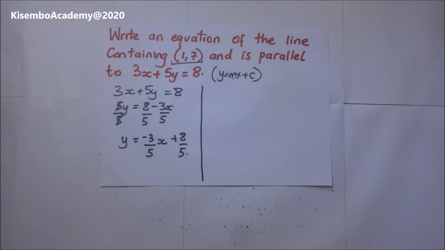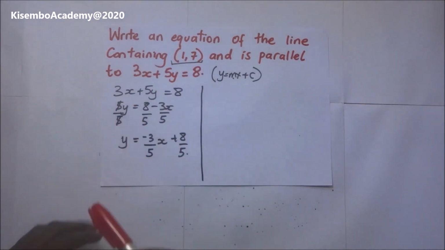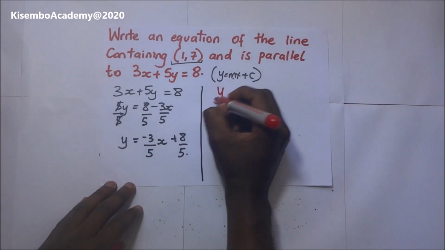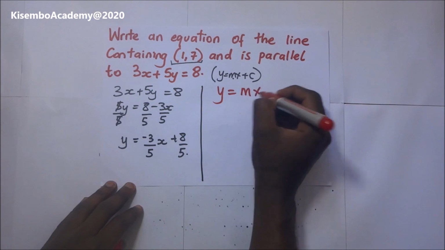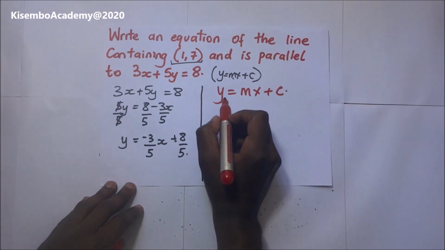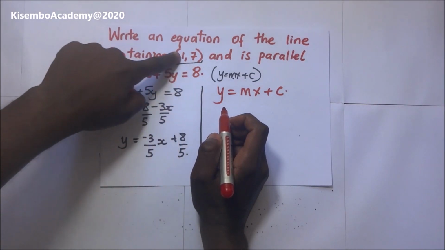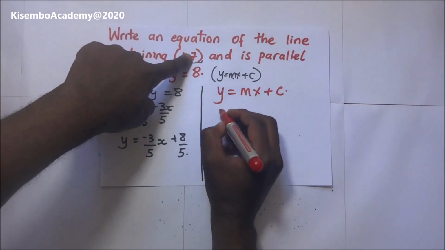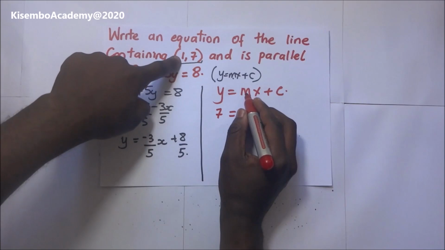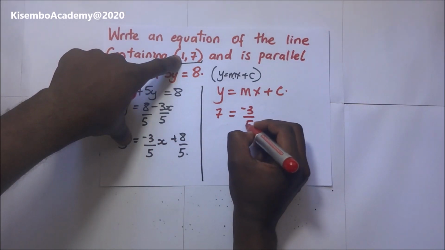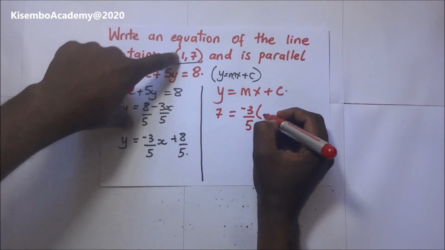Now that we know its gradient, we can go ahead and find the real equation of the line. We shall say that the other line we are looking for is y is equal to mx plus c. We have one of its points, it's (1,7). So 7 is going to be equal to the gradient m, which we have here as -3 over 5, times the value of x, which is 1, plus c.